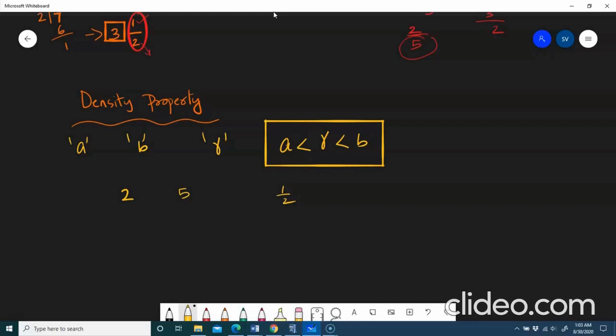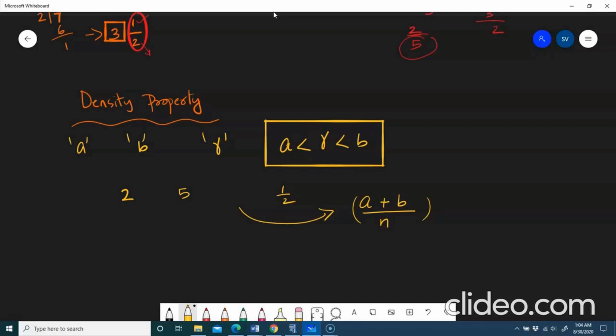I have designed one rule. If you have two rational numbers A and B, and you need to find a rational number in between in the nth way, I'm generalizing here, find the sum of those two divided by n. That will be the required rational number.